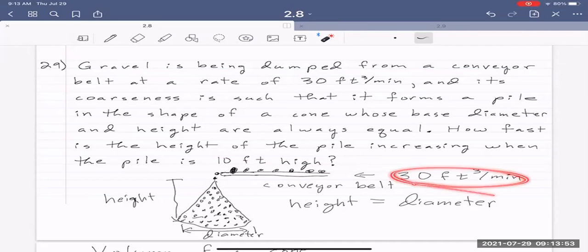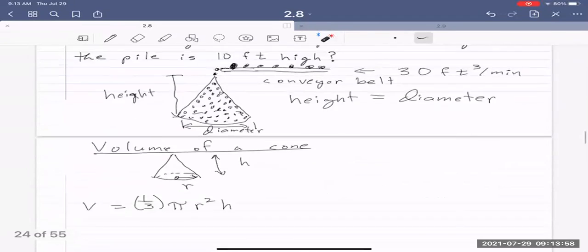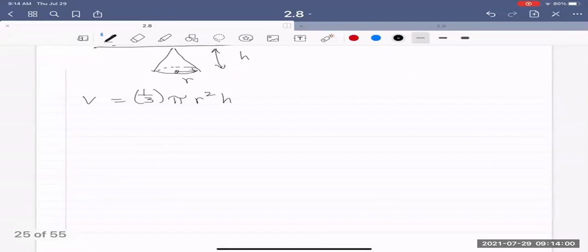And so I know that dV/dt is equal to 30 cubic feet per minute. This is done in feet.